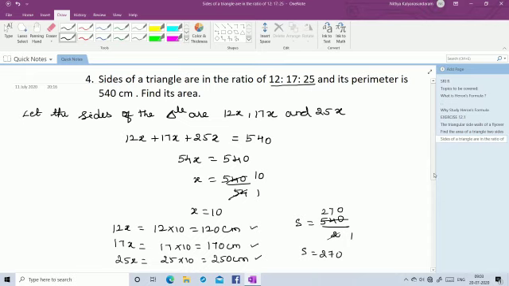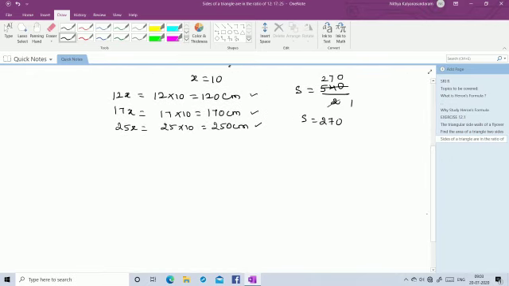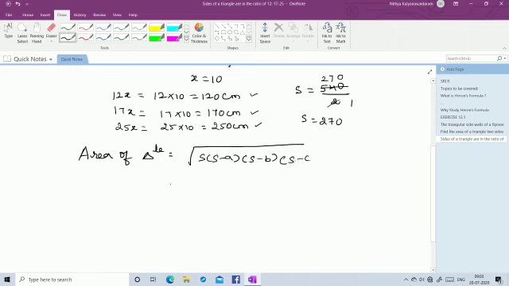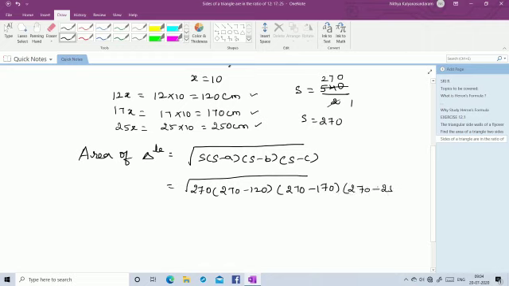So by using Heron's formula, you will calculate the area. So area of triangle is equal to square root of s into s minus a, s minus b, s minus c. So square root of 270, 270 minus 120, 270 minus 170, 270 minus 250.